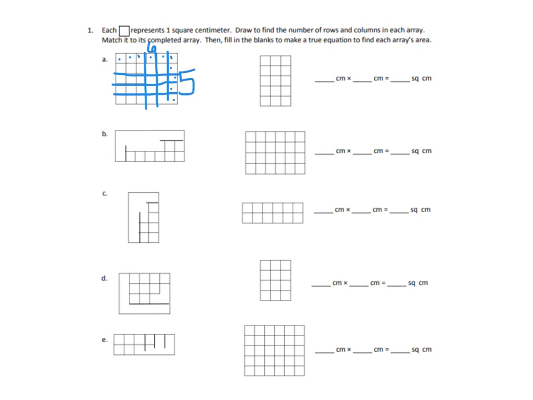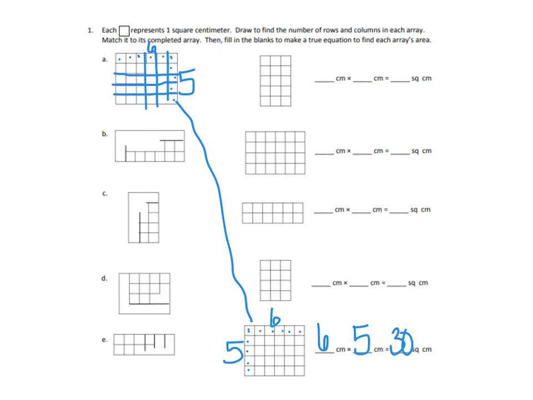So now I need to match it with another array that has 6 as the width and 5 as the length. So I see 1, 2, 3, 4, 5, 6. 1, 2, 3, 4, 5. So that means that letter A matches with this one. So my statement will say 6 centimeters times 5 equals 30 square centimeters.